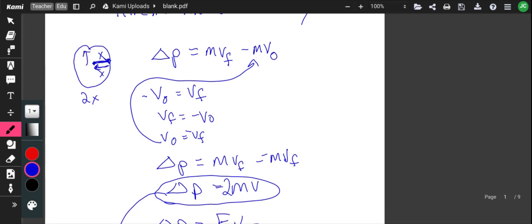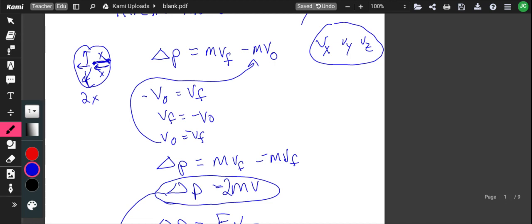Some are traveling up, some down, some to the left, some at diagonals. We want to keep that in mind. But if we average all of that up, we have velocities in the x direction, velocities in the y direction, and velocities in the z direction, and there's a certain probability that a molecule is traveling in any one of those directions.